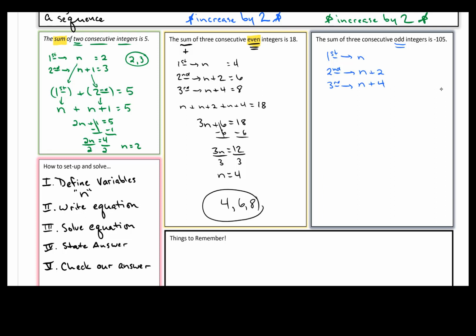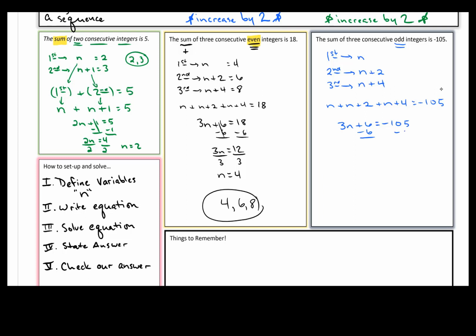So the sum of these, if we did n plus n plus 2 plus n plus 4, equals negative 105. Add all that together: 3n plus 6 is negative 105.